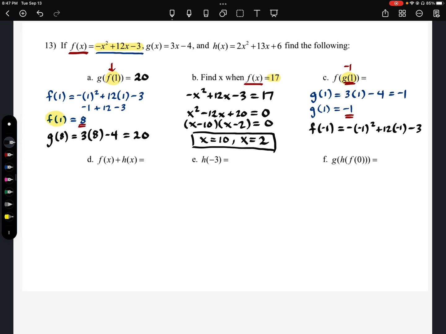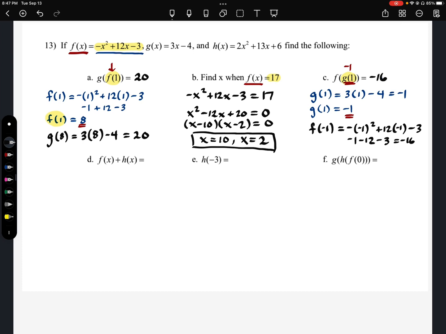Well, negative 1 squared is 1, and then we take the opposite, so negative 1 minus 12, and then minus 3 is going to give us a negative 16. So f of negative 1 equals negative 16, and that's what f of g of 1 should equal.